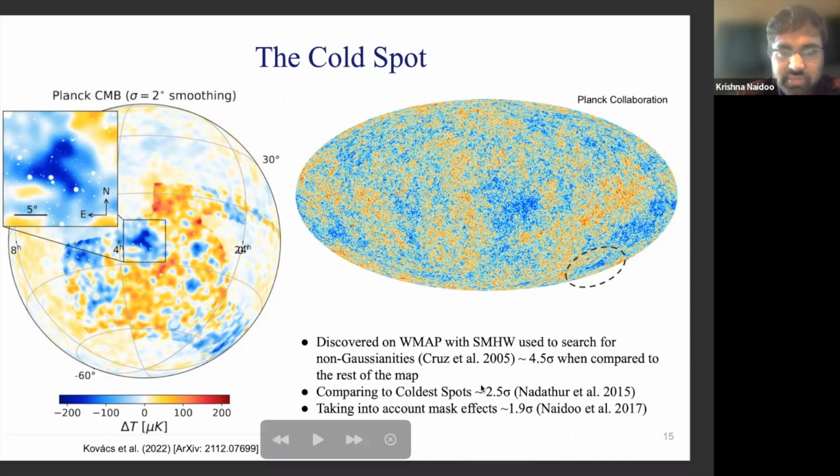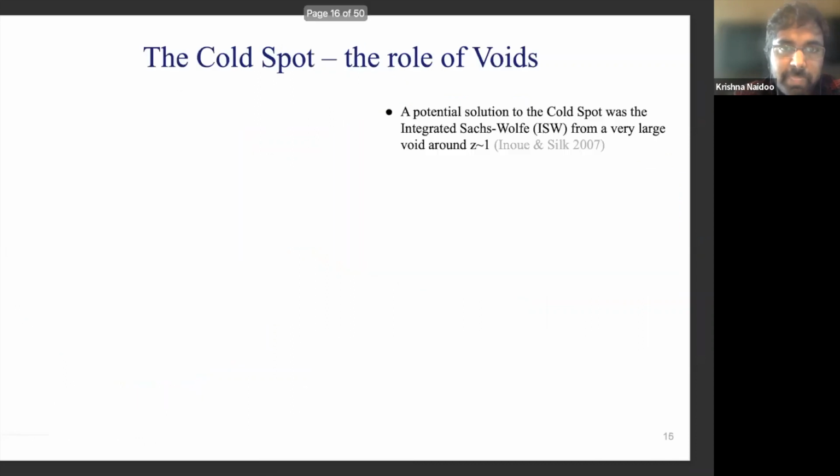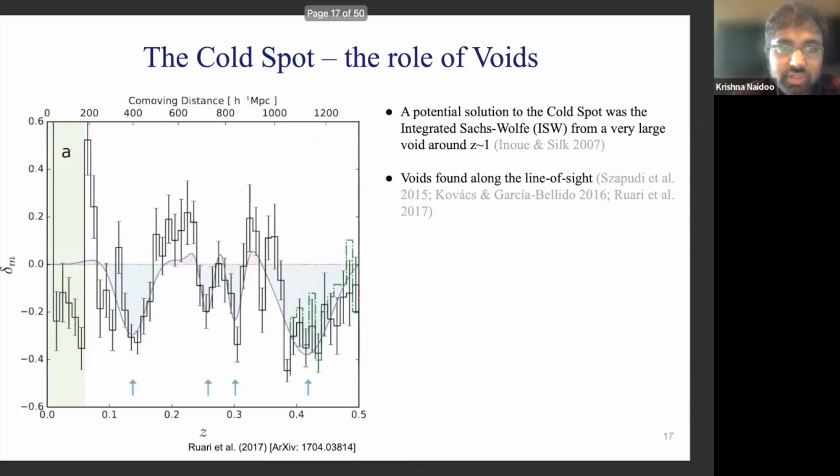Okay. So on the cold spot itself, if you take into account the effect of masking, it turned out to be a sort of 1.9 sigma anomaly. So a potential solution to this cold spot was that perhaps there was a very large void around redshift 1, and people went out to look for these voids, and they found some.